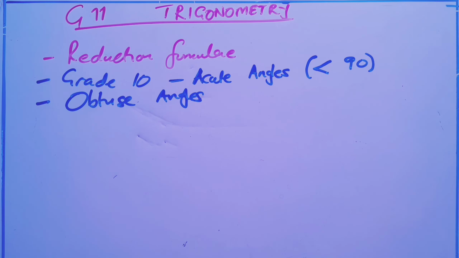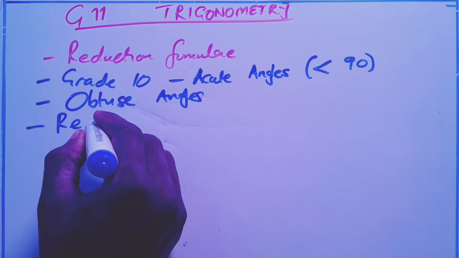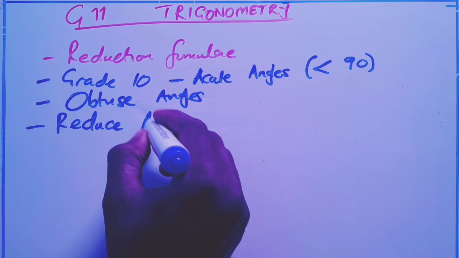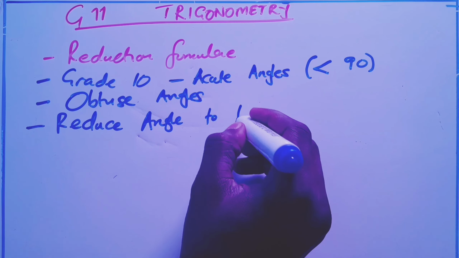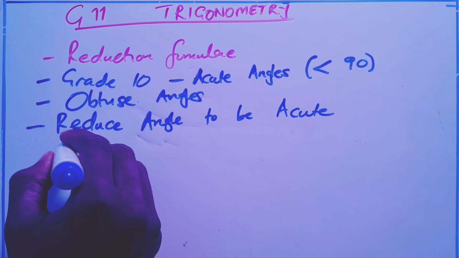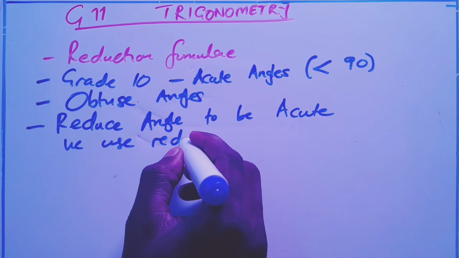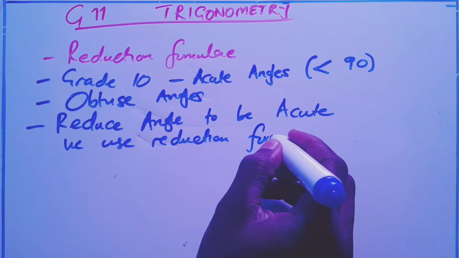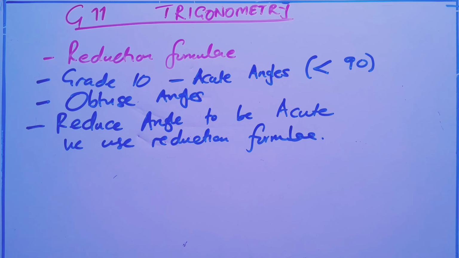So we are going to use the Cartesian plane to help us reduce those angles. What we use to reduce those angles to be acute are the reduction formulas, right? Reduction formulas are designed such that when you use them, the meaning of the angle doesn't change.